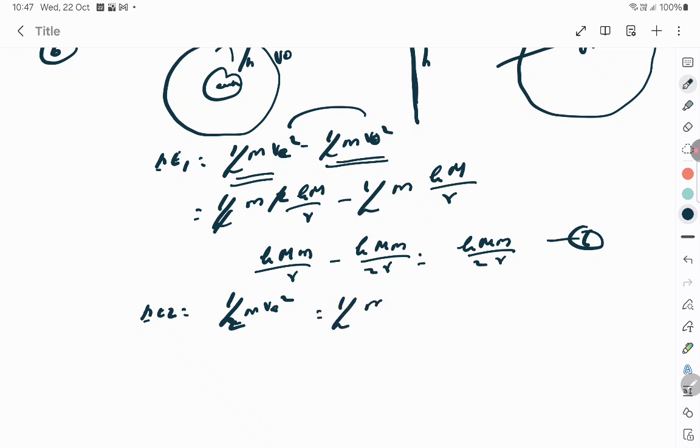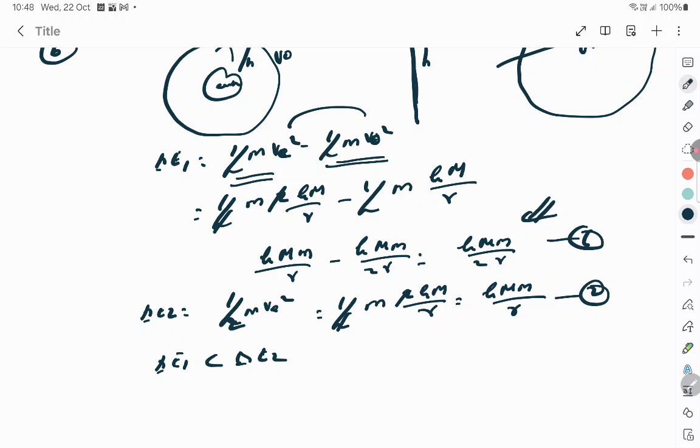So it's half into m into 2 G capital M by r, where the 2 and 2 get cancelled: G capital M small m by r. The fact that this is your second equation shows that the first is divided by 2. So delta E1 is definitely lesser than delta E2.